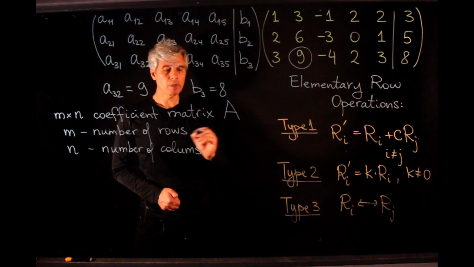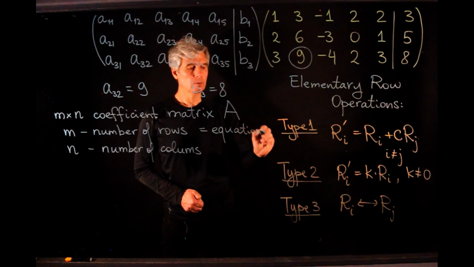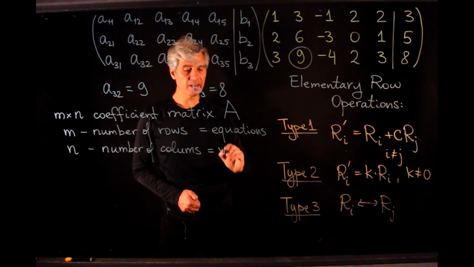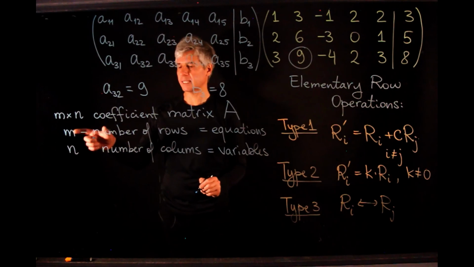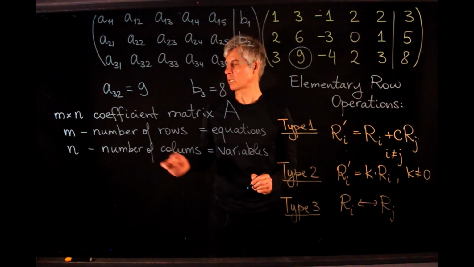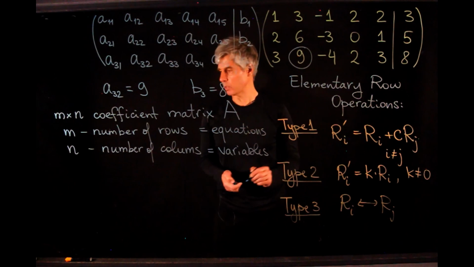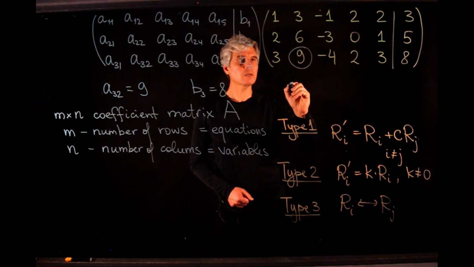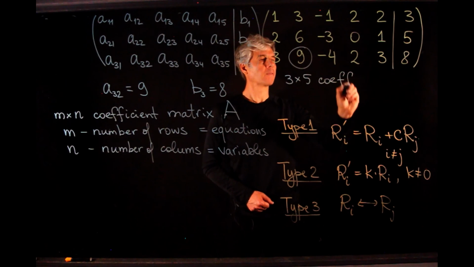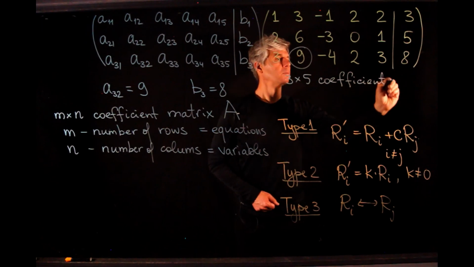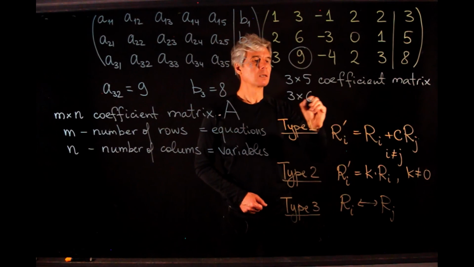And remember that rows correspond to equations, and columns correspond to variables. So when we say what's the size of the coefficient matrix, we specify what's the number of equations and what's the number of unknowns in our system. In particular, here we have a 3 by 5 coefficient matrix. And 3 by 6 augmented matrix.